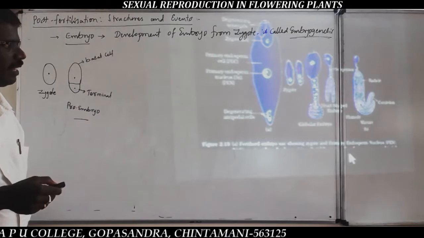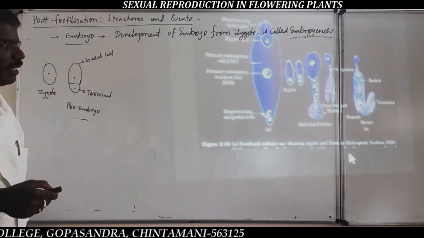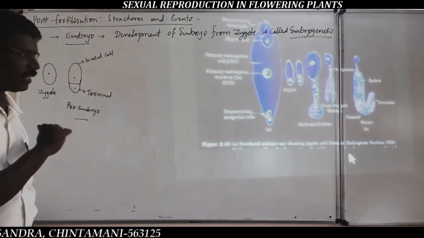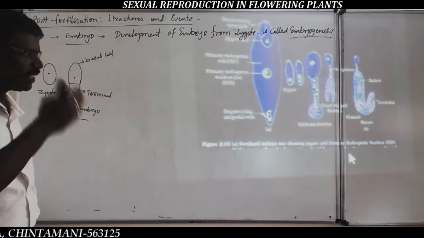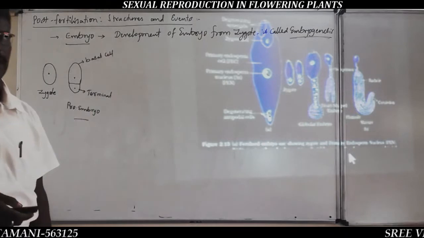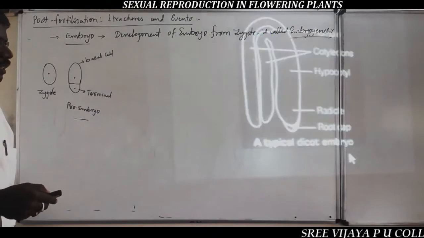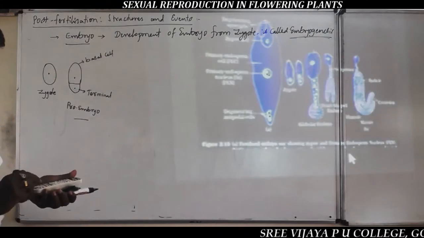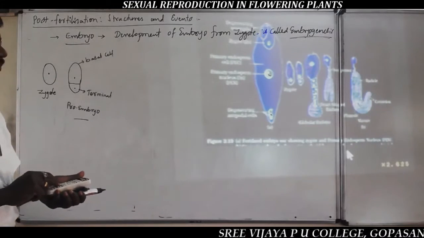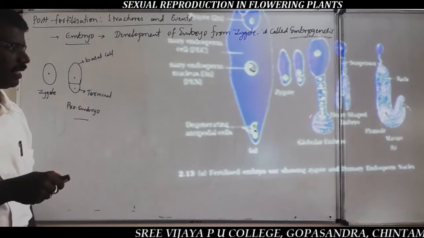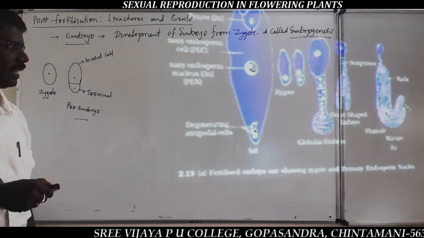The terminal cell divides vertically, and once again divides longitudinally. It leads to formation of the globular embryo. So it is a portion of the entire globular embryo.